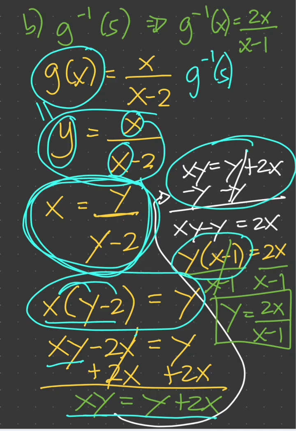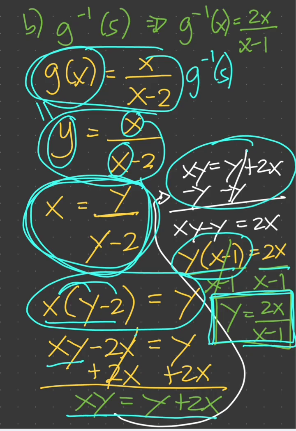Okay? So we have y times x minus 1 equals 2x. Then we divide both sides by x minus 1 to get rid of the x minus 1 on the left. So we will be left with only y. Now this is the inverse of g of x.